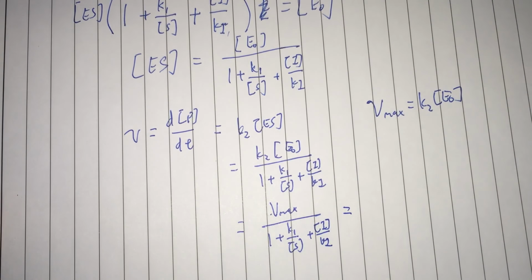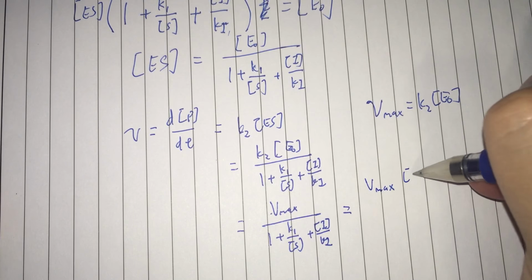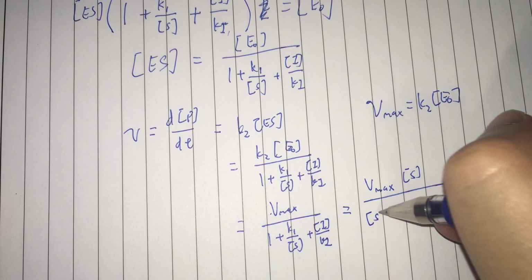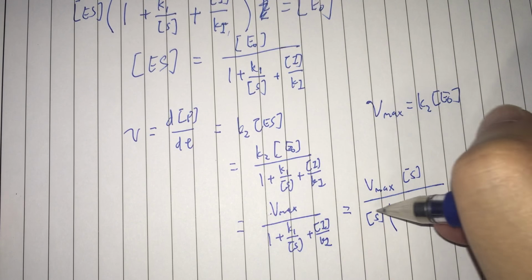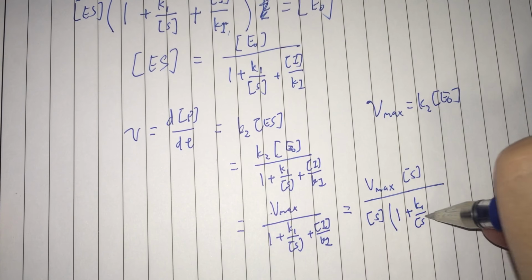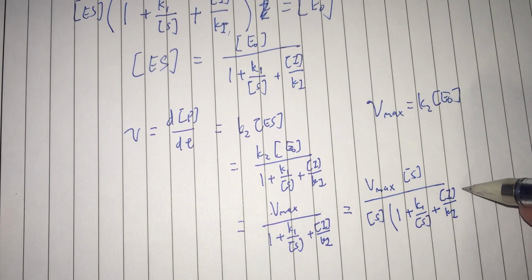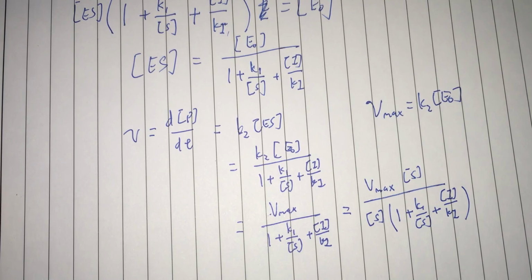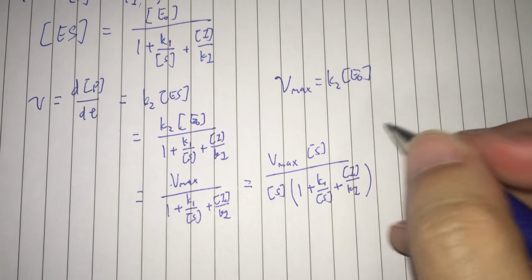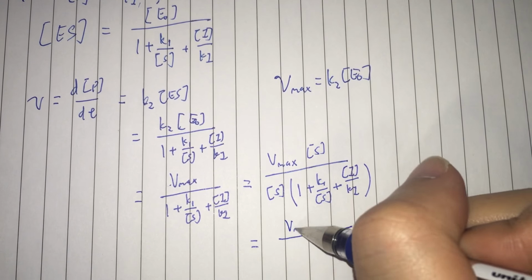And to make it familiar to our usual Michaelis-Menten equation, we multiply S to the bottom and top, bottom and top. I over Ki. So let's multiply that in.